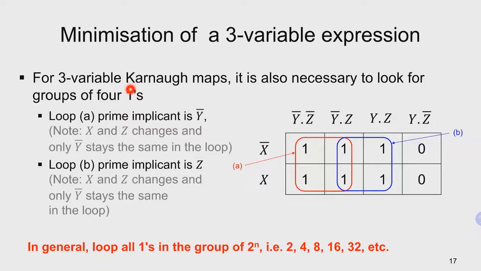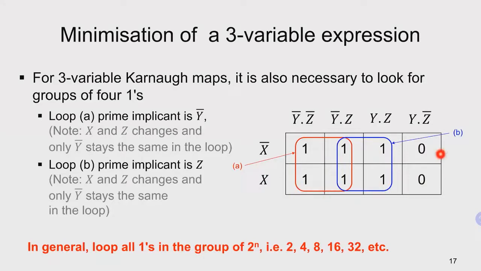In general, the loops in a K-map are 2 to the n, depending on how big the K-map is. So here it is 2 by 4, so the maximum is 8. So I can draw 8 ones in a K-map.